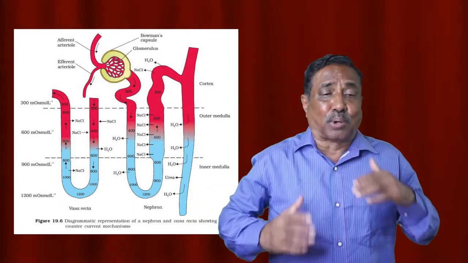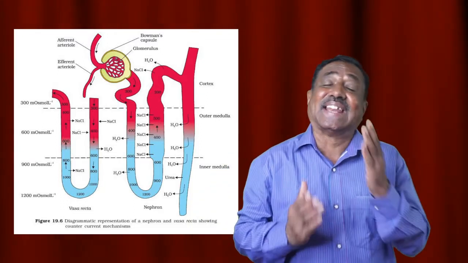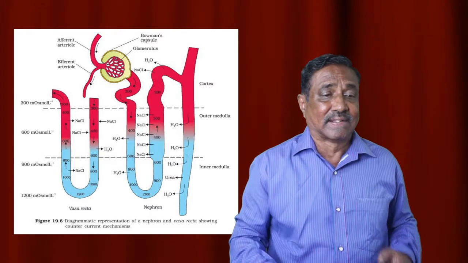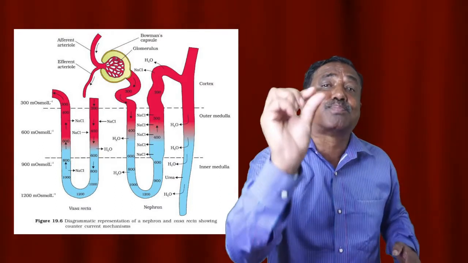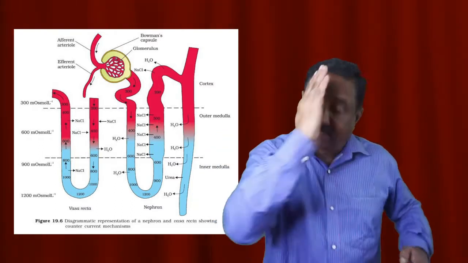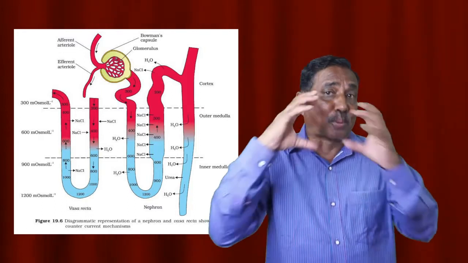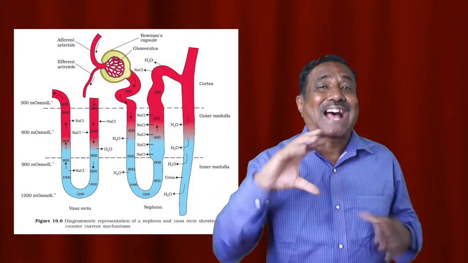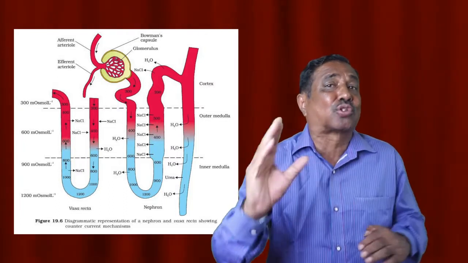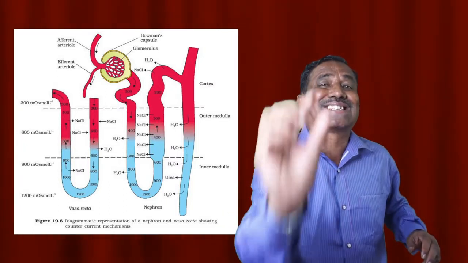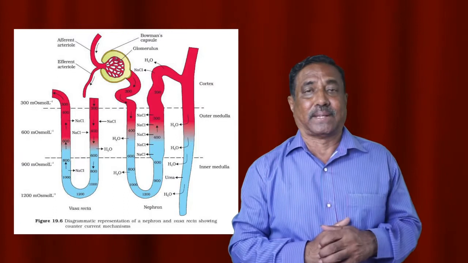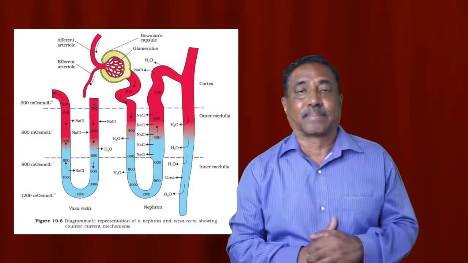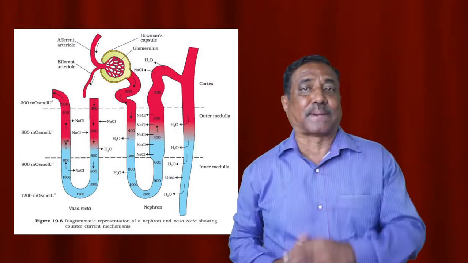These podocyte cells are arranged in an intricate manner so as to leave some pores called slit pores. This is very important.